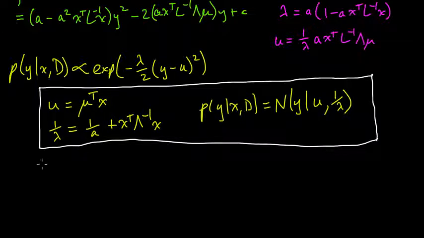Let's first do the one for lambda, I think that's going to be easier. So we would like to show this, and we have this. Let's play with this a little bit. Lambda equals A times 1 minus A alpha.